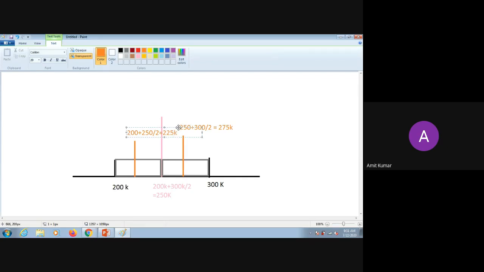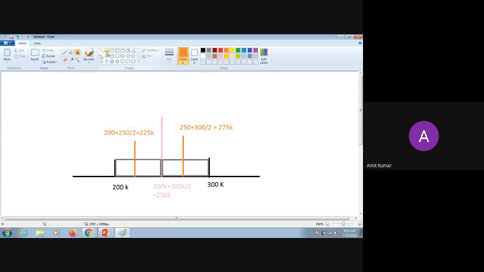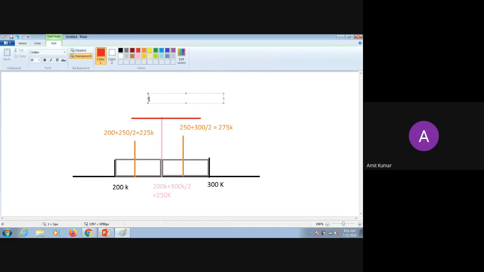So these two frequencies will be available here, one here and one here. The difference between these two is known as delta F. So the difference will be 275K minus 225K, that will be 50K bandwidth.